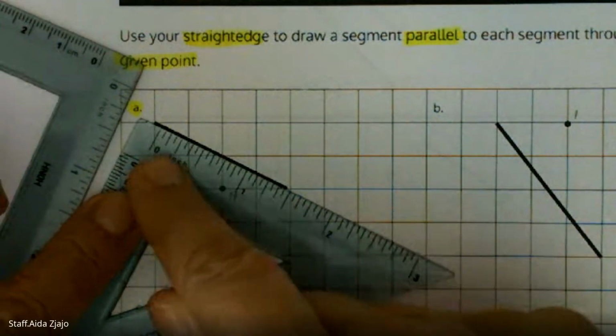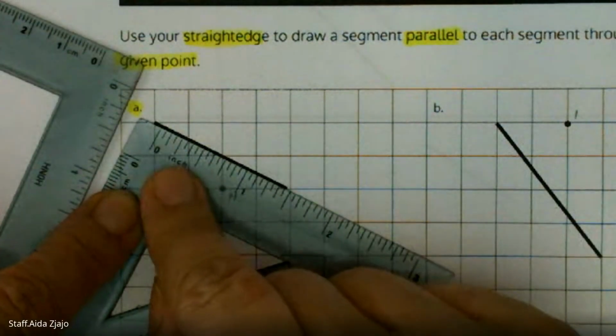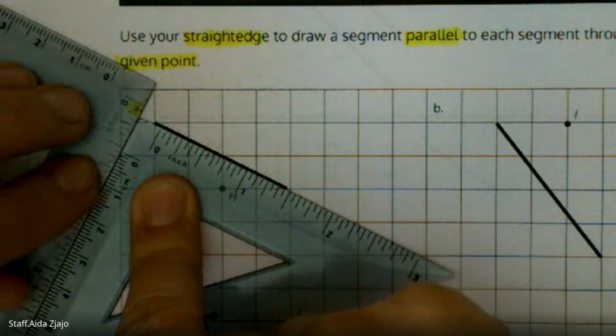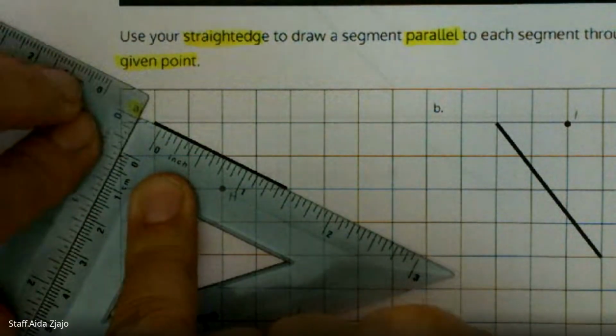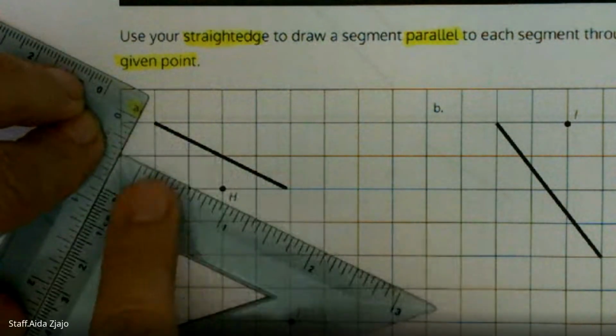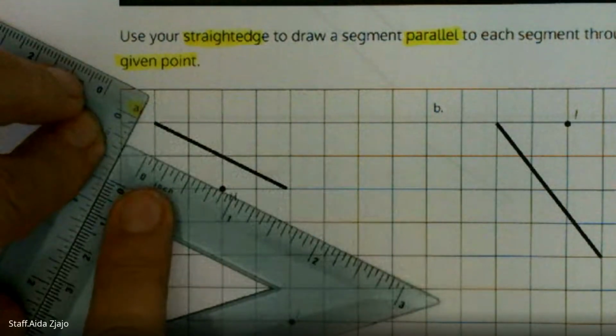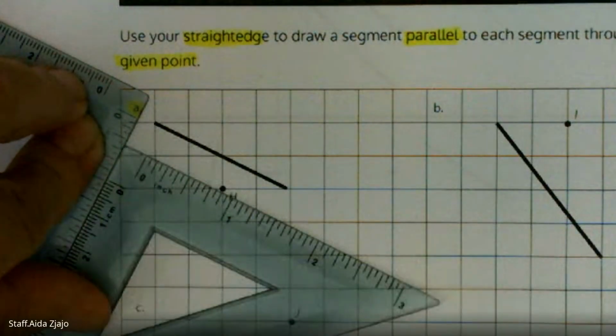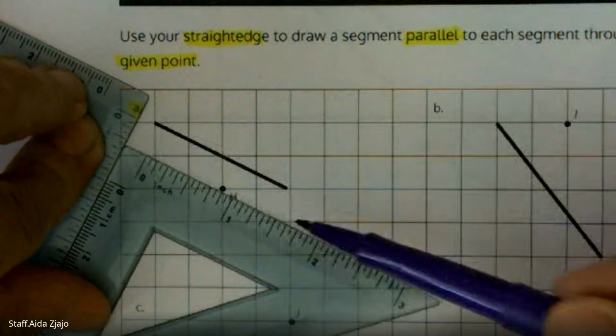It's not a line because it doesn't have arrows on the side, so it's a line segment. And then if I make this other triangle perpendicular to it, I can slowly scroll down and I will create a parallel line segment through H.